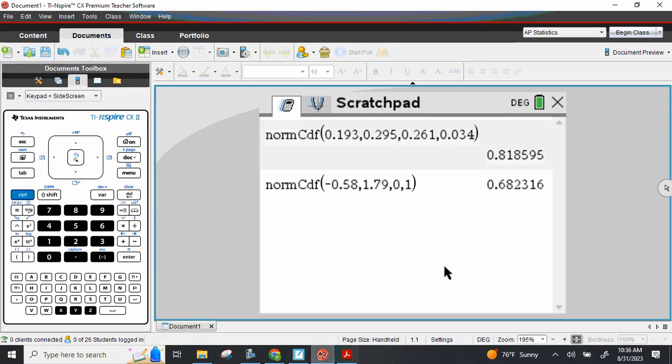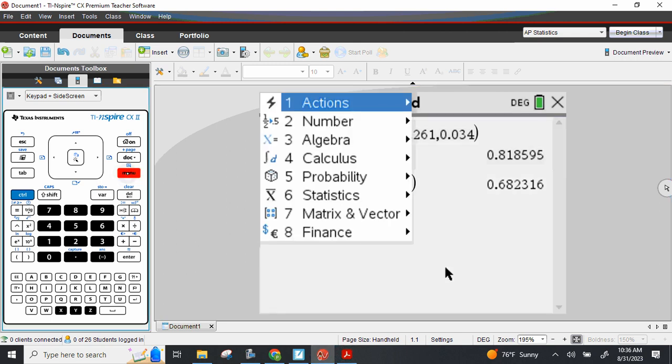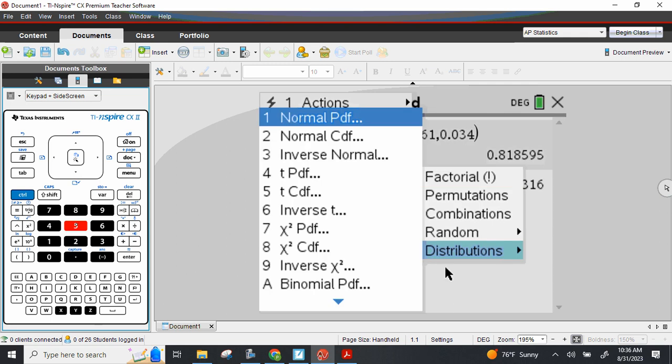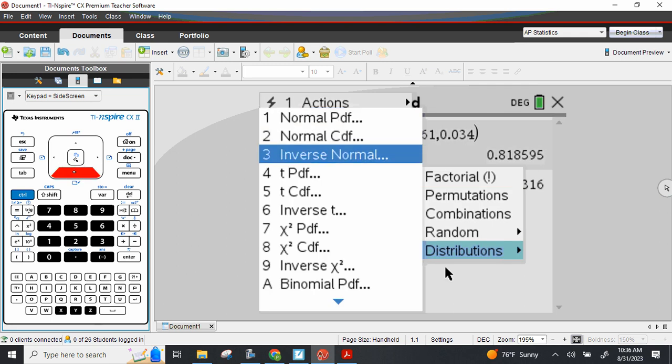I'm going to hit menu, go to probability, go to distributions, and now I'm going to choose inverse normal. Makes sense, right? The inverse, we're going backwards. We're kind of undoing what normal CDF does, almost, right? We're working in a different direction, as inverses do.